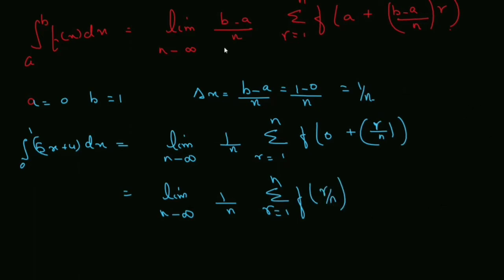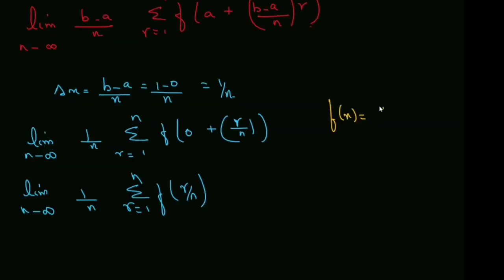Now the function here is f of x equal to 5x plus 4. So f of x is a linear function here. You have x here, so f of r by n will be 5 into r by n, where x is replaced by r by n, plus 4.